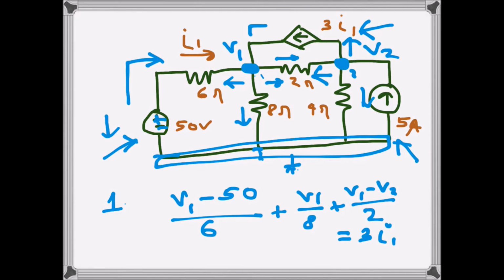But that's not happening because the current is getting out of the source, from the positive terminal. That means the source is actually delivering power. So when it's delivering power, the power will be negative.